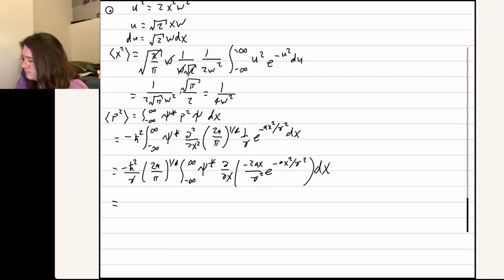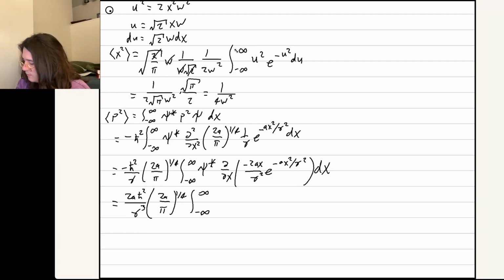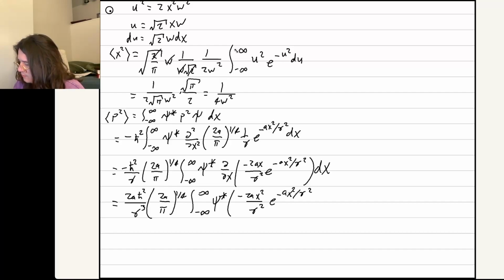And then we're going to factor out some more constants. So now it's going to be 2a over gamma to the 3rd. We got 2a over pi to the 1/4 here, minus infinity to infinity, psi star. And now we'll go ahead and do the other derivative, which is going to be minus 2a x squared over gamma squared e to the minus a x squared over gamma squared plus e to the minus a x squared over gamma squared.